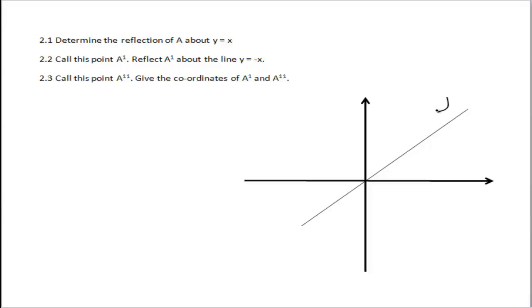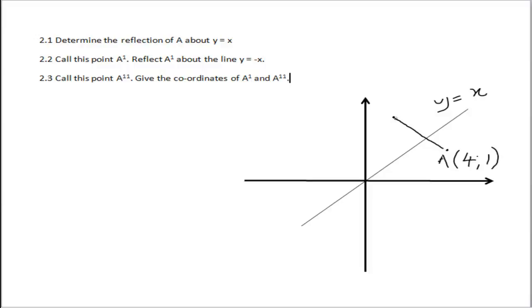So this line here is y is equal to x, and we have this point A, which is 4, 1. Now I want to reflect it about that line.